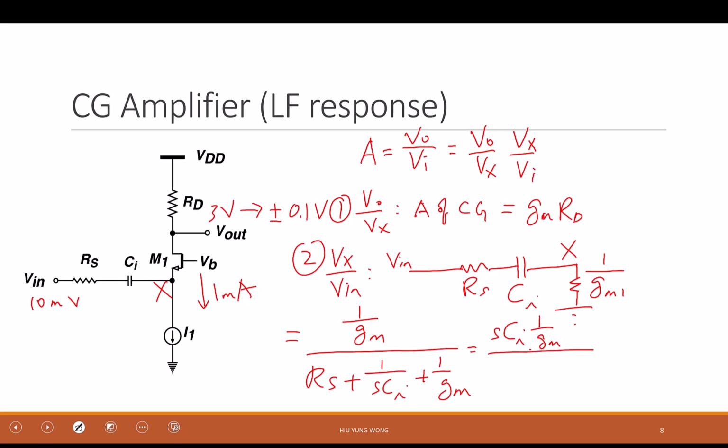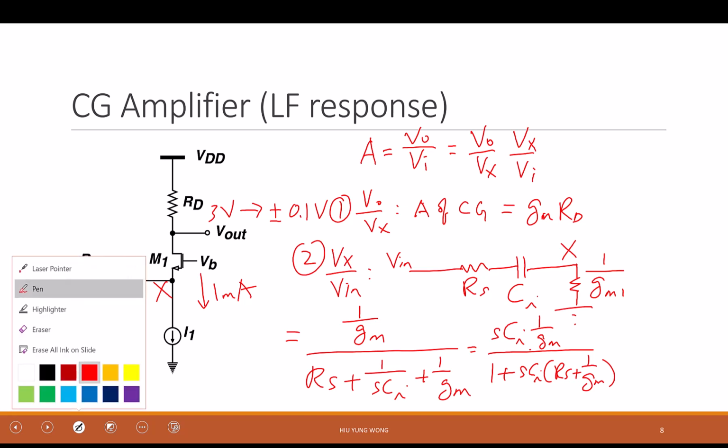And then I will get 1 plus Sci times Rs plus 1 over Gm, right? What I'm doing is just multiplying Sci to the numerator and denominator, so this becomes 1, right? And then these two terms add together times Sci. The reason is that I want to find the pole, and it's very clear what the pole is.